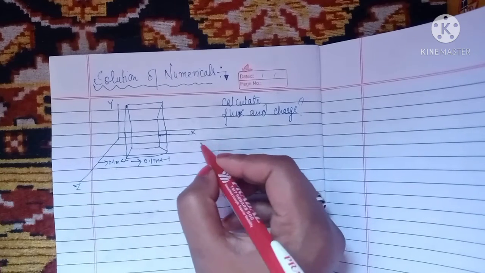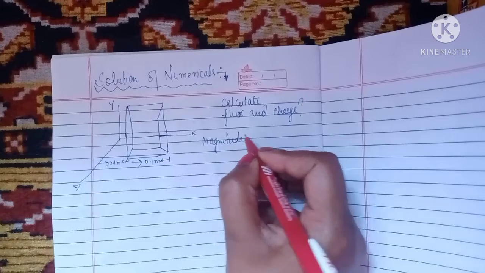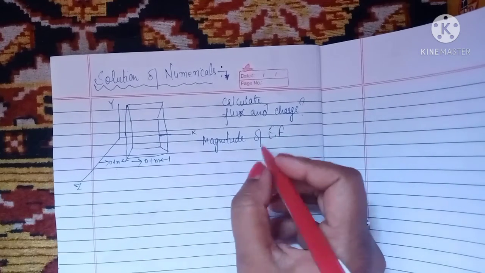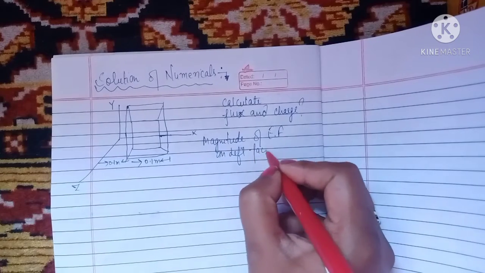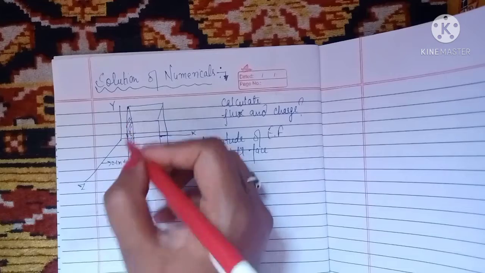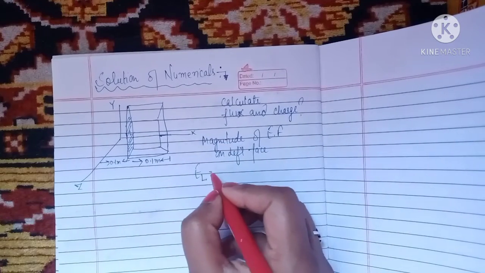Here the magnitude of the electric field on the left face, right? Left face means this one, right? This is designated by EL.